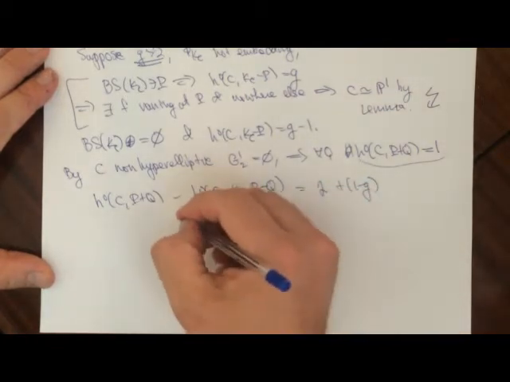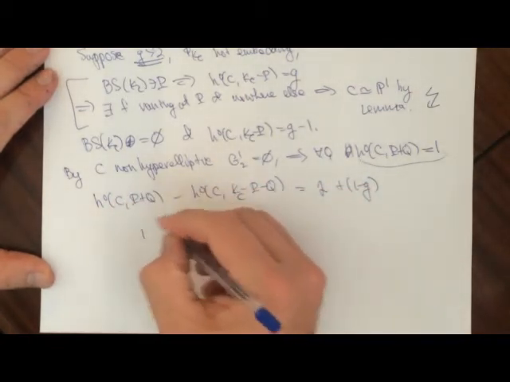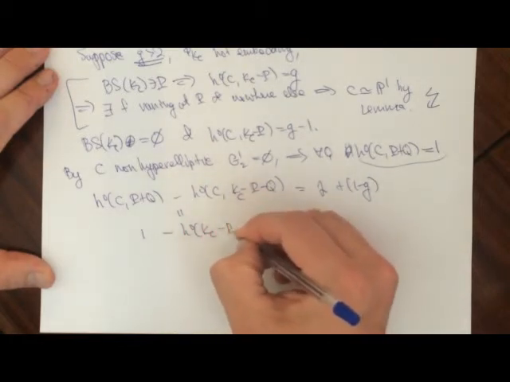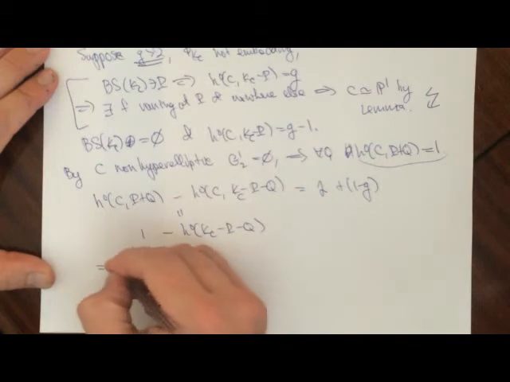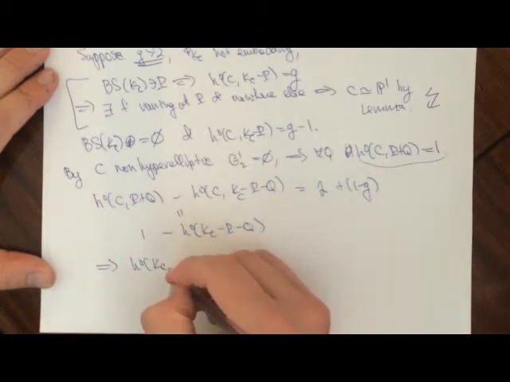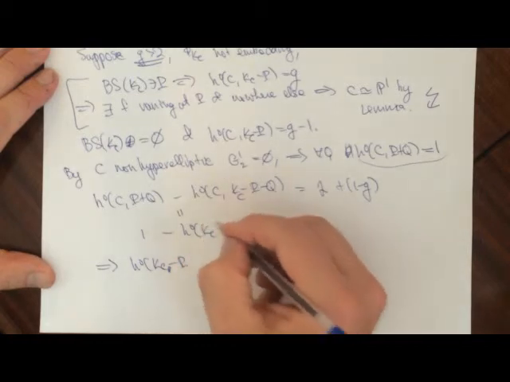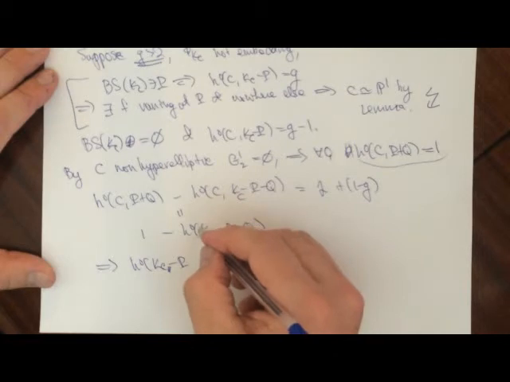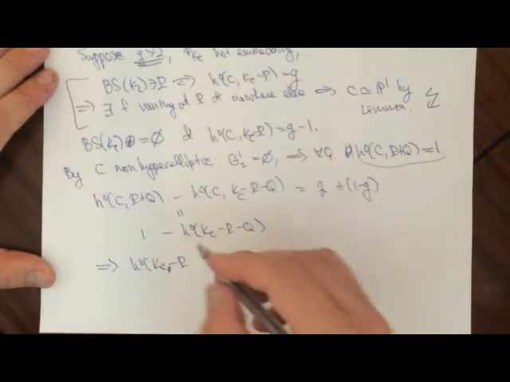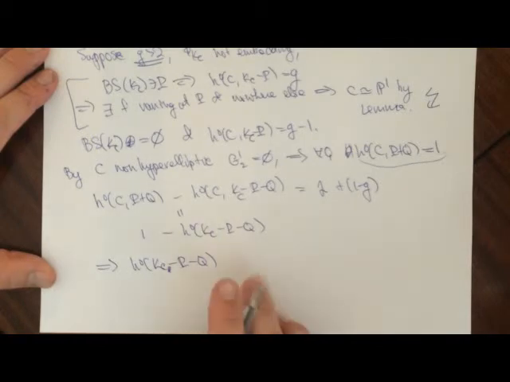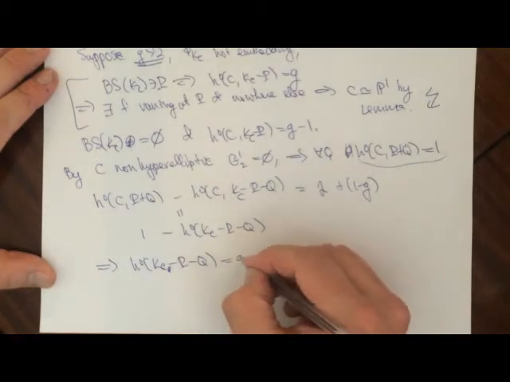Okay, and this side here, from what we said, this is 1 minus H0 of K_C minus P minus Q. Okay, and then putting these together, we see that H0 of K_C minus P minus Q is going to be equal to g minus 2.